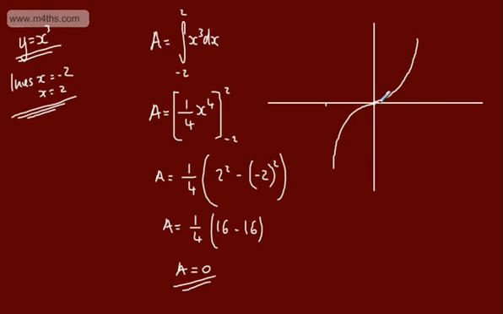Now I've just gone ahead and integrated here between -2 and +2. I've got a positive area just here of 16, and then my integral has given me -16. When I've added them together, I've ended up with these two areas cancelling out. Quite clearly there's area.